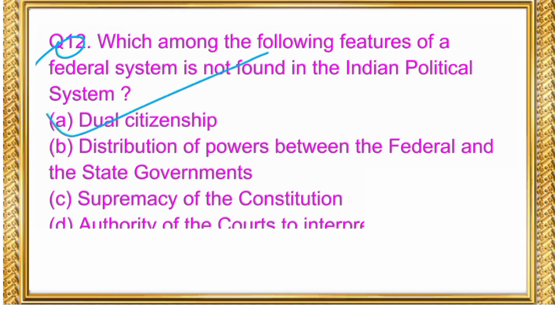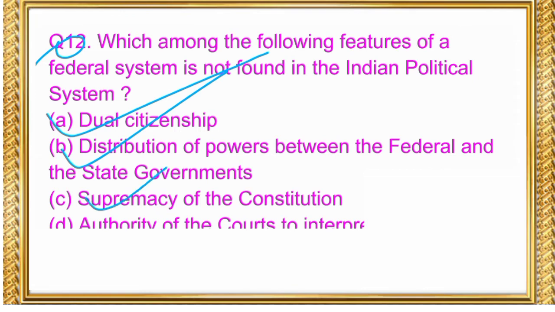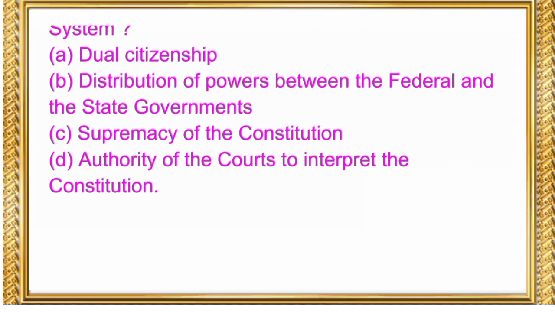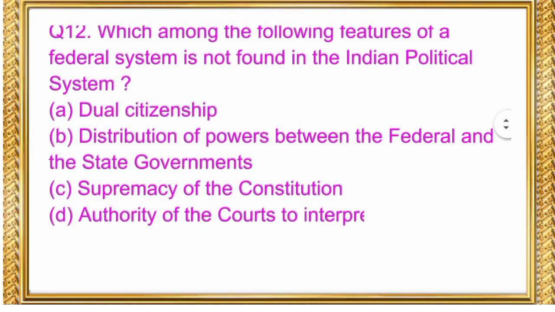Option A is given dual citizenship, and option B is given distribution of power between the federal and the state government, and C is given the supremacy of the constitution, and D is given authority of the court to interpret the constitution. Keep in mind, here is the asking note, not found. So, according to this question, correct option is A, dual citizenship.